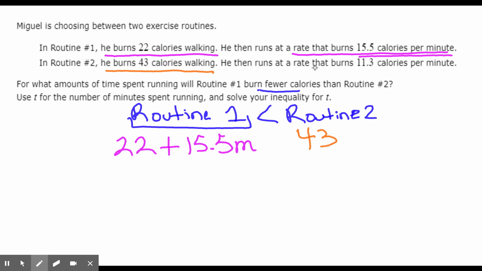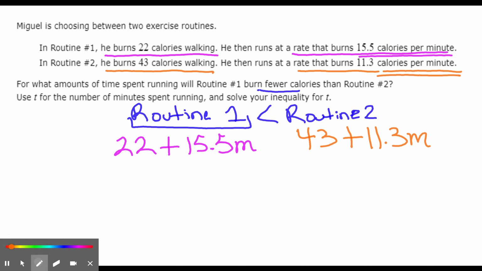And then he runs at a rate of 11.3 calories per minute. And we want to know, when is routine 1 less than routine 2?